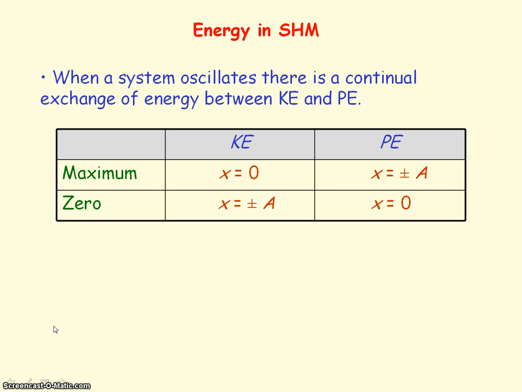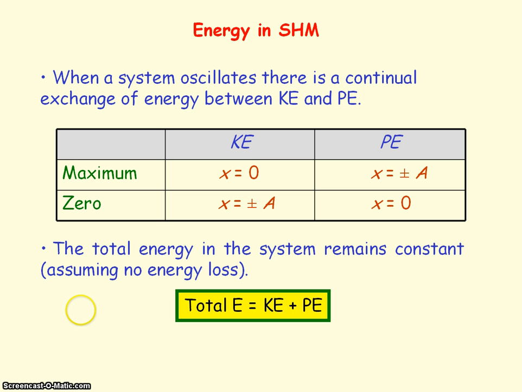So we know from the principle of conservation of energy that the total energy in that system will remain constant, and if we assume that there's no wasted energy due to friction, then we can say the total energy will equal our kinetic energy plus our potential energy.